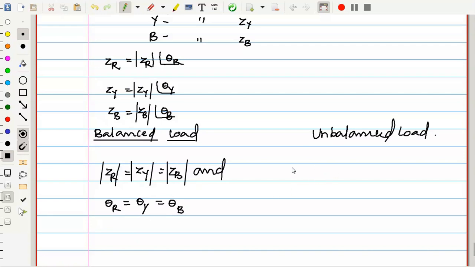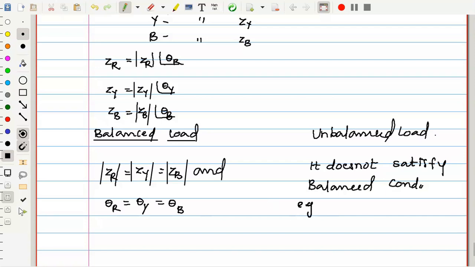This is balanced. Now, if it fails to satisfy this condition in any form, as ZR is not equal to ZY, then it is unbalanced. If it does not satisfy the balanced condition... there are many combinations of this, so I'm not writing all of them, but just as an example I can put it like this.